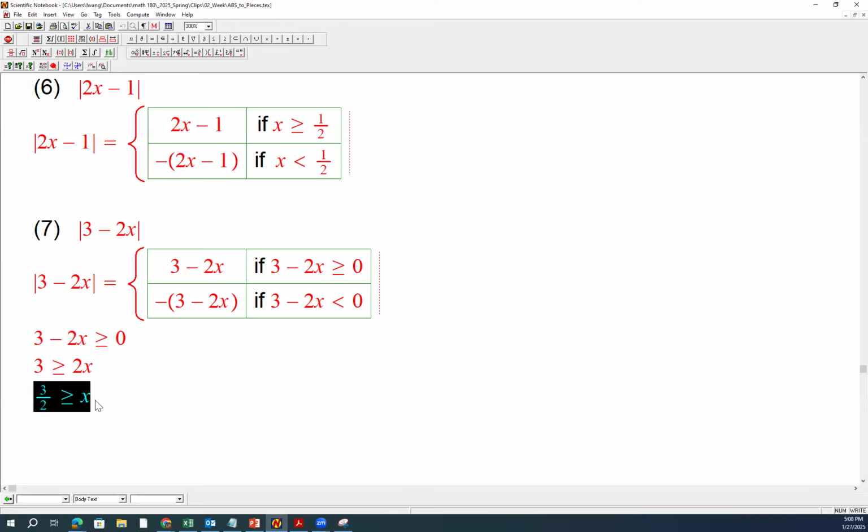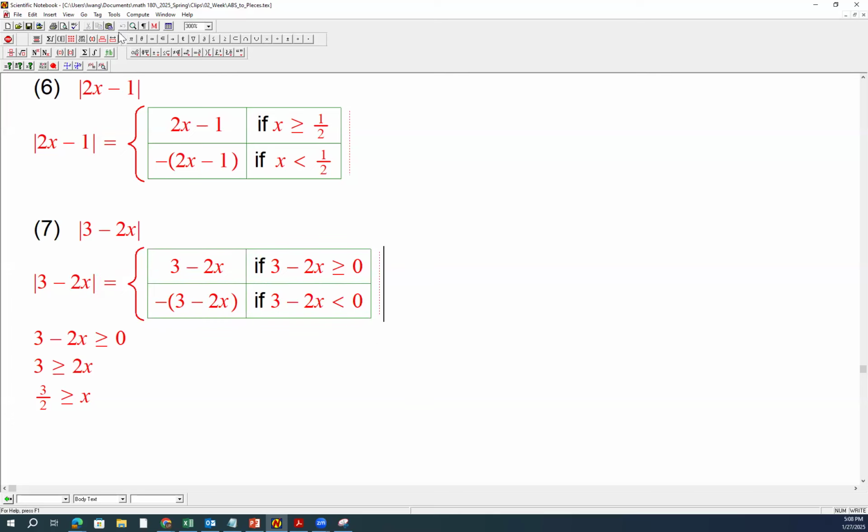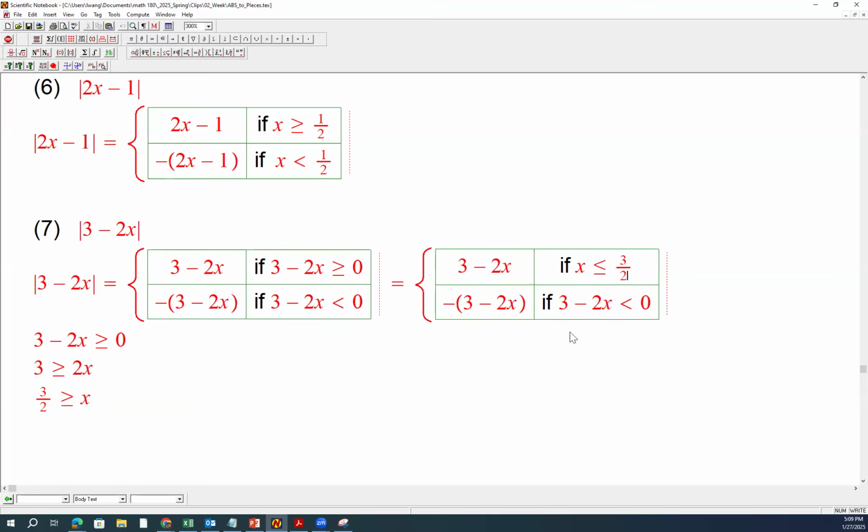You can also say x less than or equal to 3 over 2. So I'm going to write another piece. This will be x less than or equal to 3/2, and this other one, of course, will be x greater than 3/2.